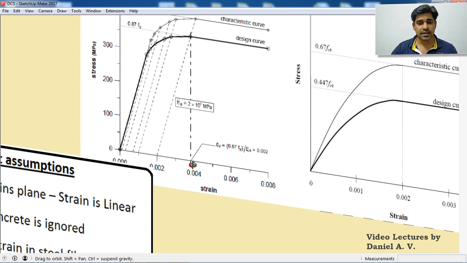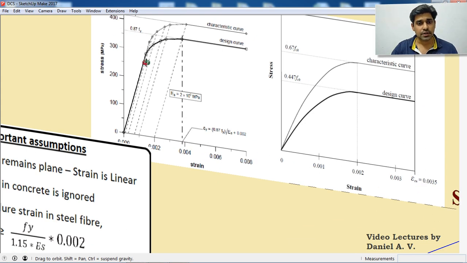This is basically the yield strain. So any value less than this, we consider it is not yielding, but any value greater than this particular value, steel is yielding, which means it elongates without an increase in the stress. And we can see here stress corresponding to this particular strain is 0.87 Fy, which is available in the stress strain curve.